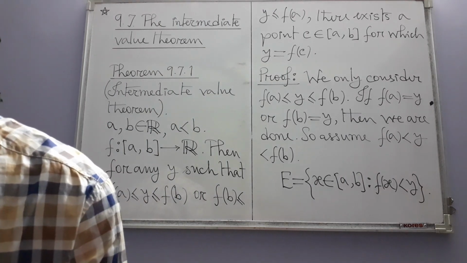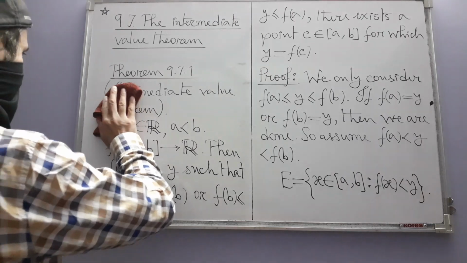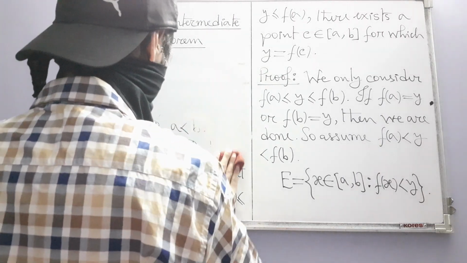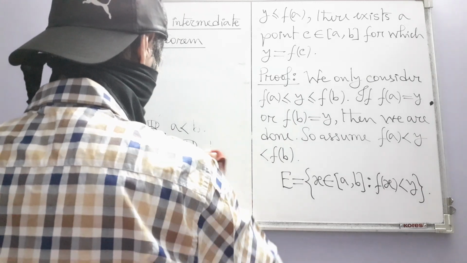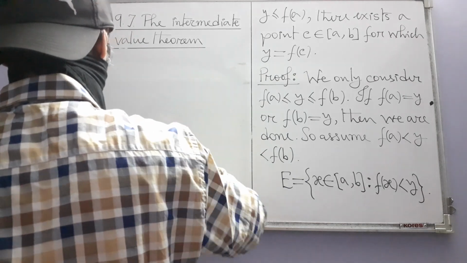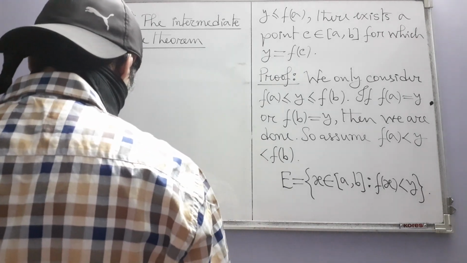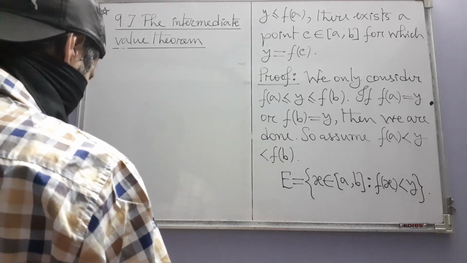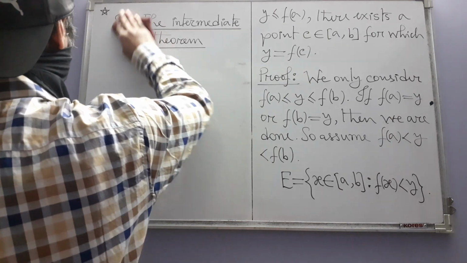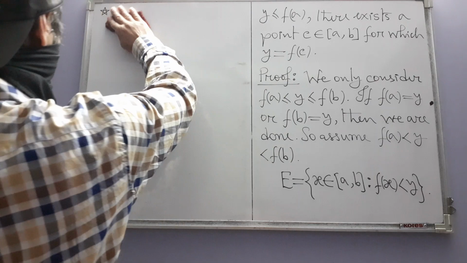We are next going to see two things about this set E. The first thing is that E is non-empty. There is at least one element in E, which you have probably already guessed.